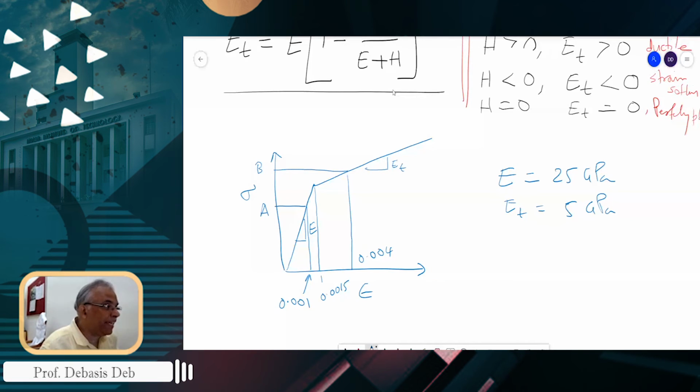So at point A, this is the elastic part, and in the elastic part, the strain was 0.001. At the yield point, strain is 0.0015. Now the stress has increased from point A to point B, where the strain is 0.004. Now your question is, first you tell me what is the yield strength of this material.